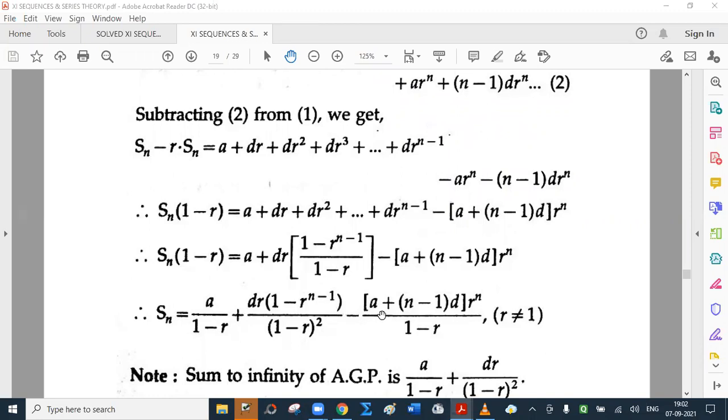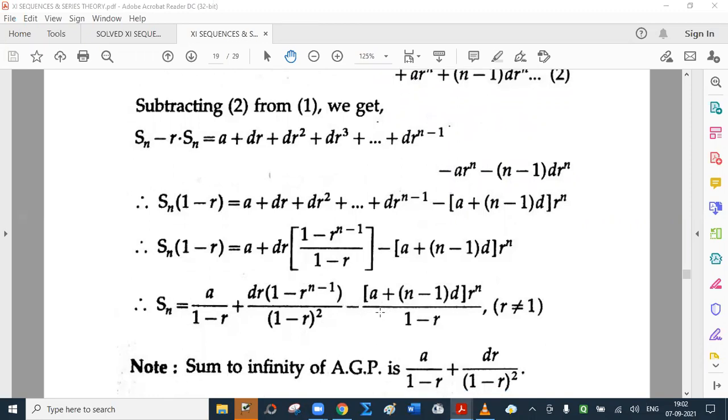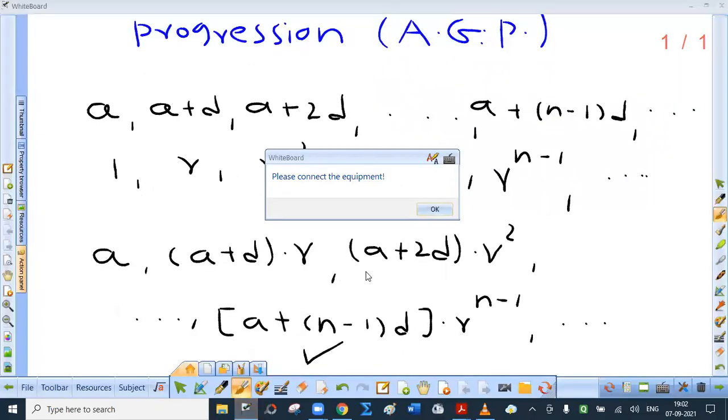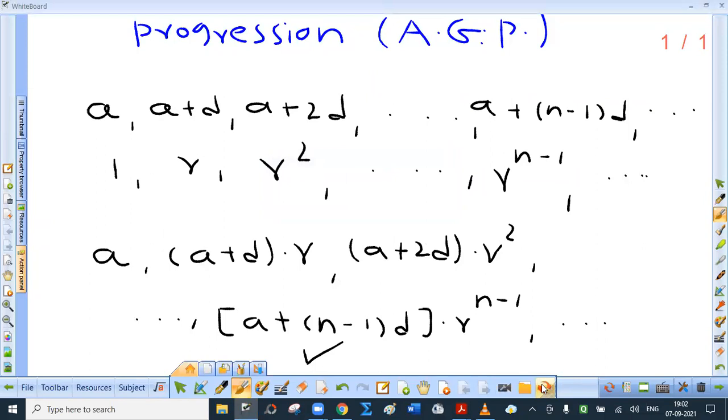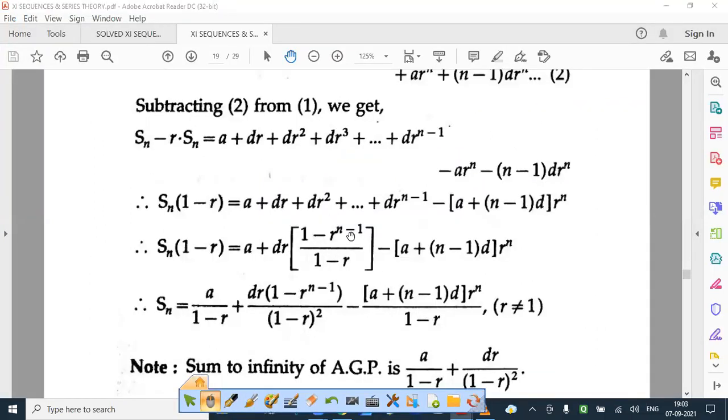Okay. Now sum to infinity. You have to use common sense. If the modulus of the common ratio is less than 1, then see the cursor. R raised to n minus 1 will approach 0. As n approaches infinity, r raised to n minus 1 approaches what? 0. So this is dr. See, a upon 1 minus r as it is, because r raised to n is not there.